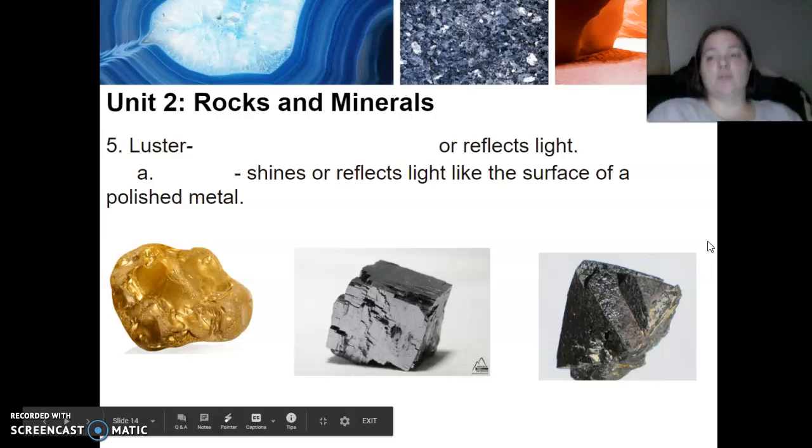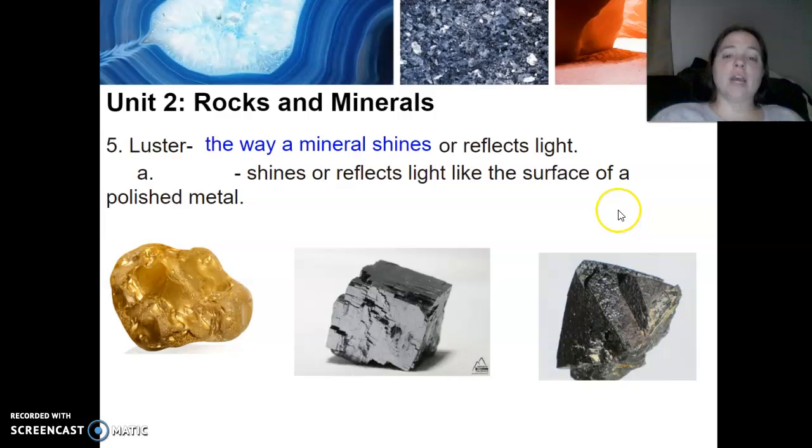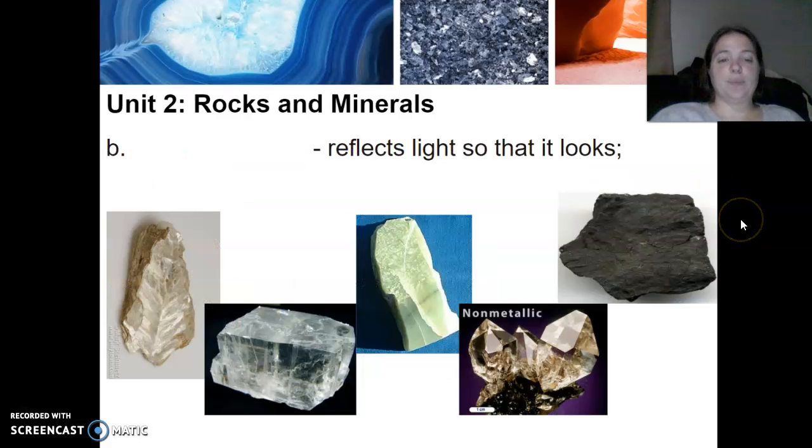Okay, so the next physical attribute is luster, the way a mineral shines or reflects light. So the first type you've got is metallic. Here's 3 different metallics. This one right here is gold. This one is what galena looks like. And this last one, that is what magnetite looks like.